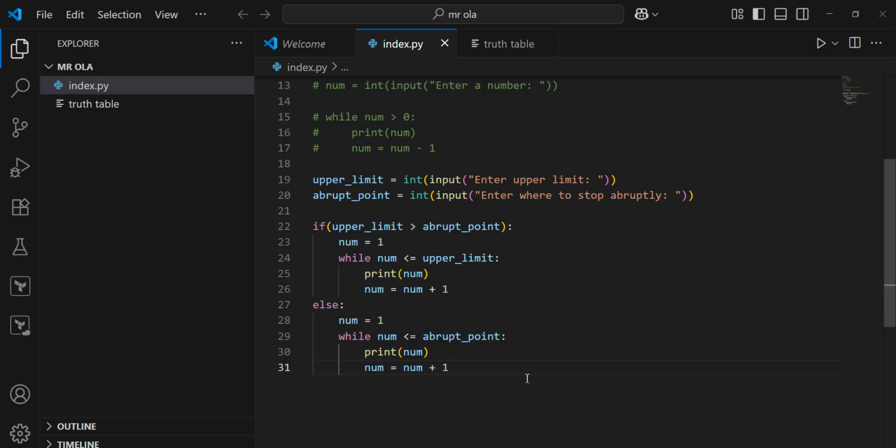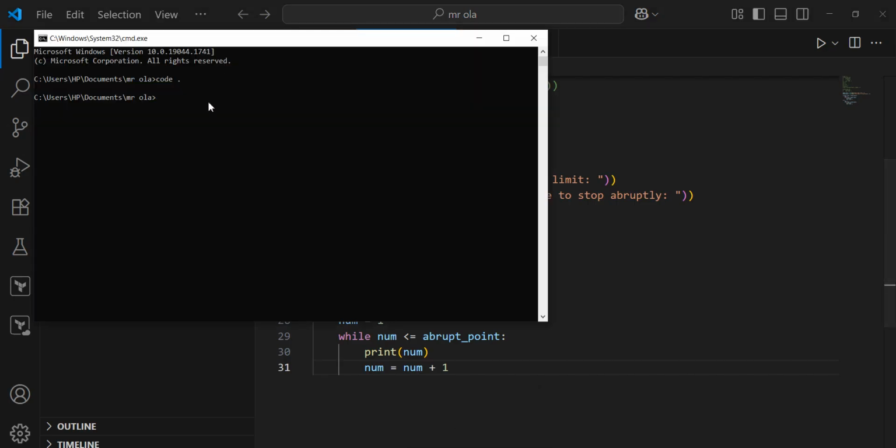So that's it. Any questions? Why does this work? Let's test it again. Are there any bugs? I still have the upper limit as 10 and the second number as 5.